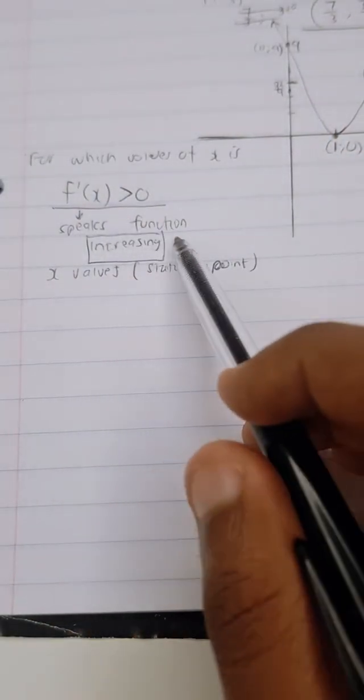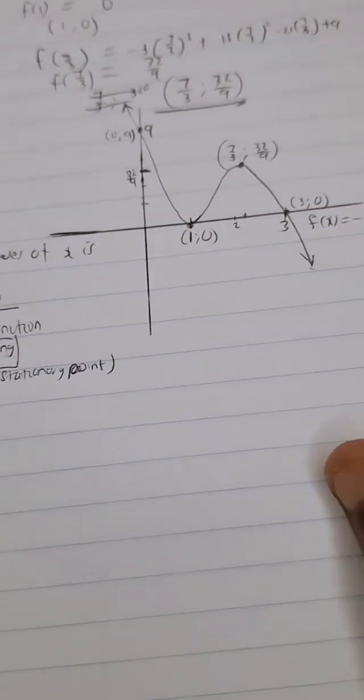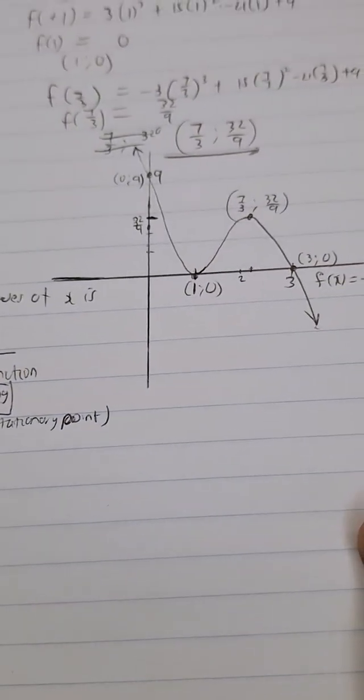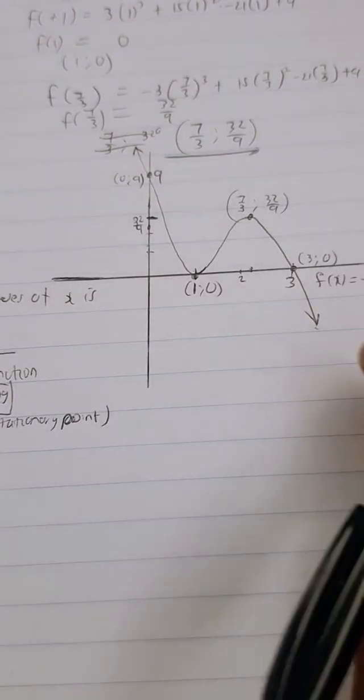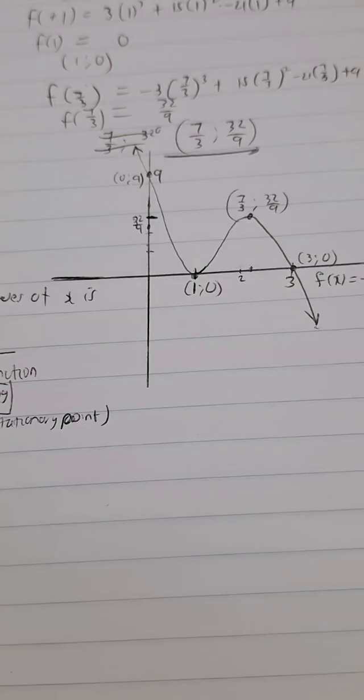In other words, where is the function increasing? For this specific sketch, for which values of x is f prime of x greater than 0?